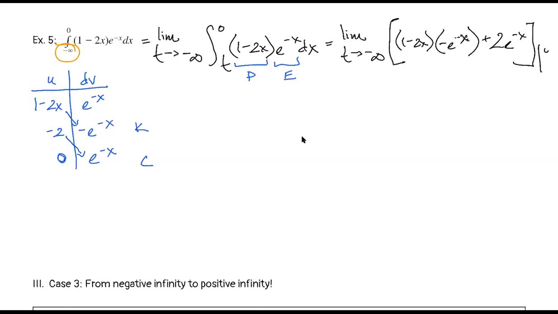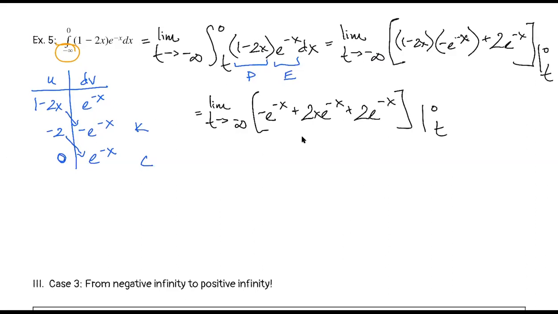And we're going to plug in 0, and we're going to plug in t. All right, let's maybe clean this up a little bit before we plug in our bounds. So negative e to the negative x plus 2x e to the negative x plus 2e to the negative x, 0 to t.